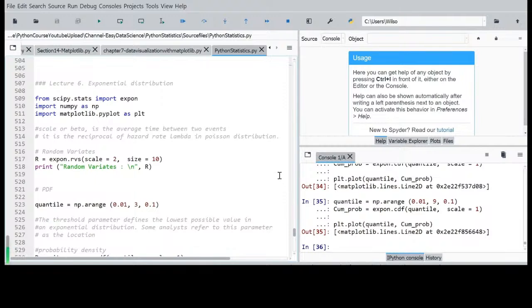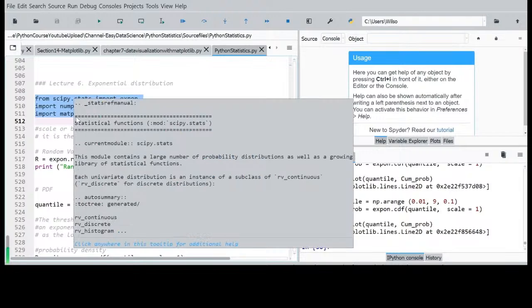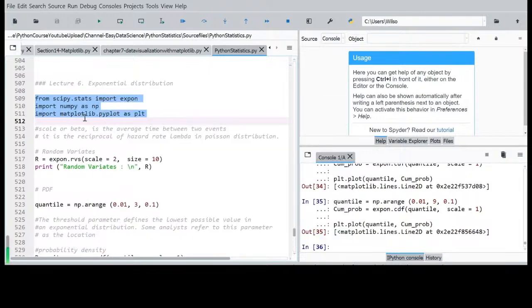Next we will show several functions used in Python to model or calculate the exponential distribution. We have to import a module called expon from scipy.stats, and numpy and matplotlib, these three modules.